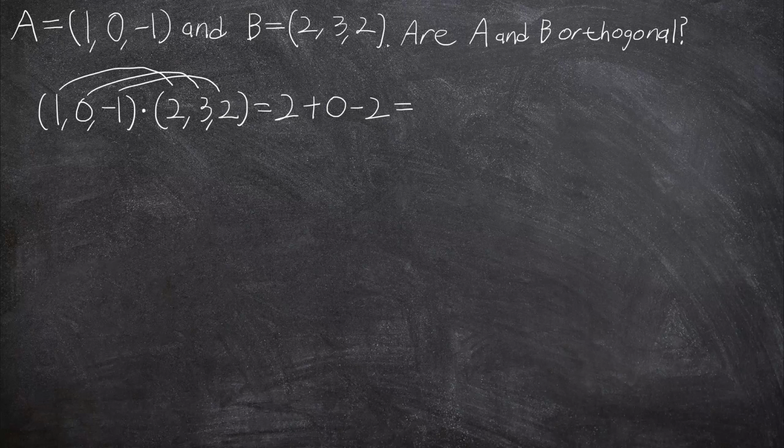And 2 minus 0 is 0. What this means is the two vectors are orthogonal. So hopefully that gives you a good idea on orthogonality. And yeah, let's move on to the last one.